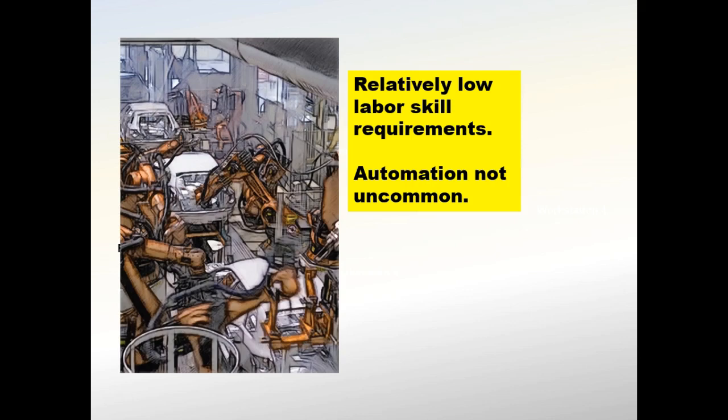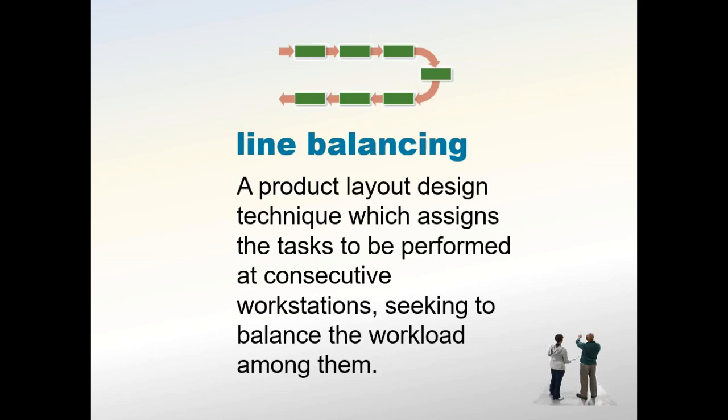Regardless how the product layout is managed, the initial design of the facility focuses on the design of its single path of transformation. Because a product layout consists of a single path of transformation through a facility, the designer of that layout must assign all transformation processes to distinct locations along that path.